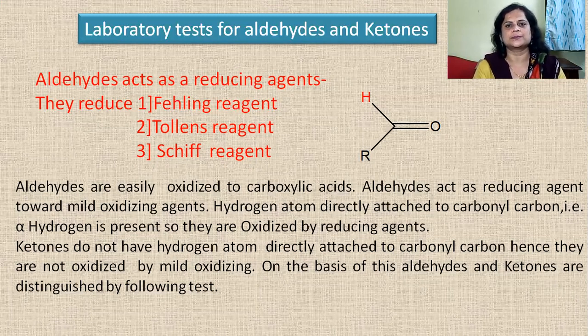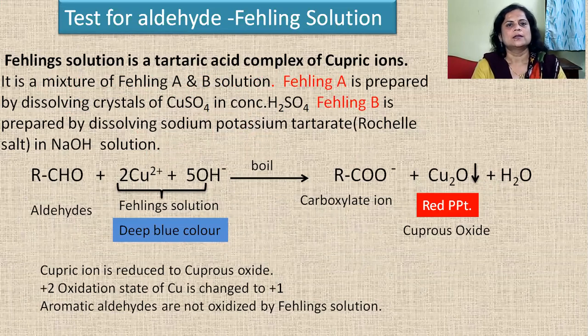First, the Fehling solution. Fehling solution is a tartaric acid complex of cupric ion. It is a mixture of Fehling solution A and Fehling solution B. Fehling solution A is prepared by dissolving crystals of copper sulfate in dilute H2SO4. Fehling solution B is prepared by dissolving sodium potassium tartrate, also called Rochelle salt, in NaOH solution.